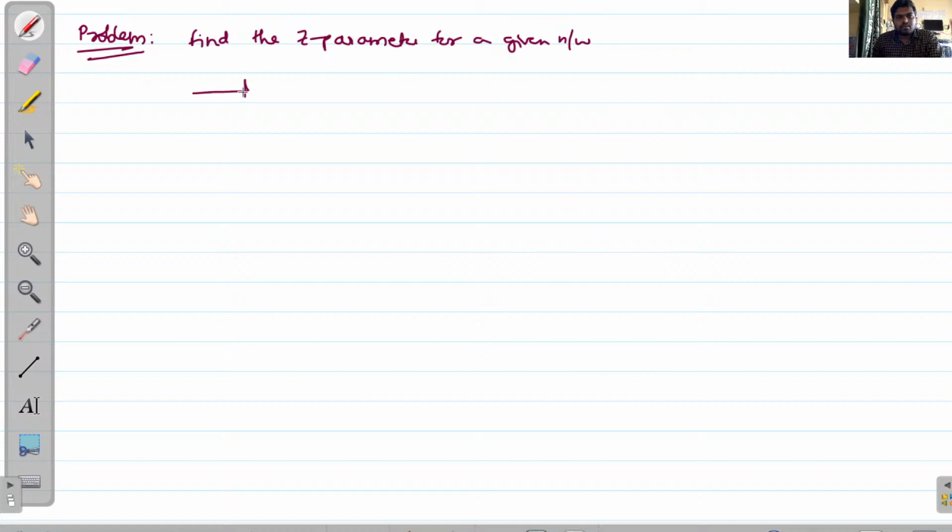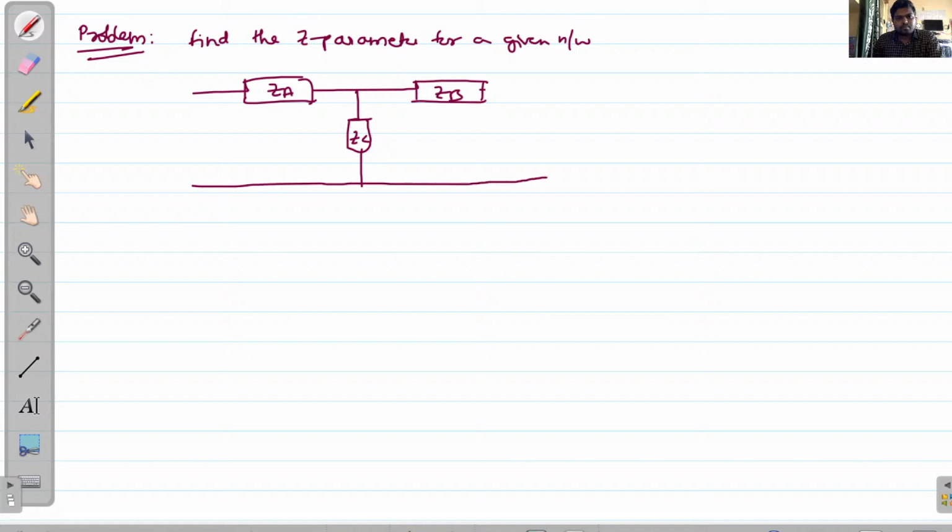So this is ZA and ZB, ZC, okay. This is our network. For this network I need to evaluate Z parameters.